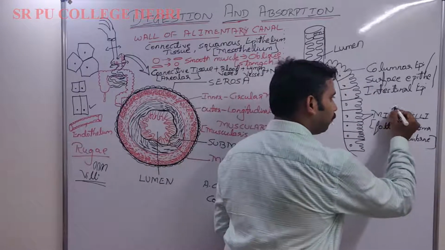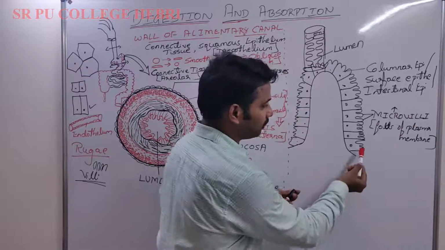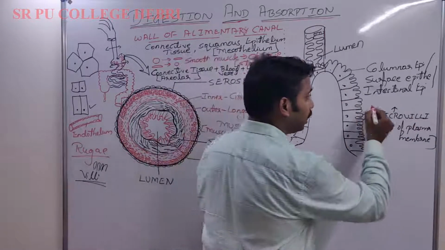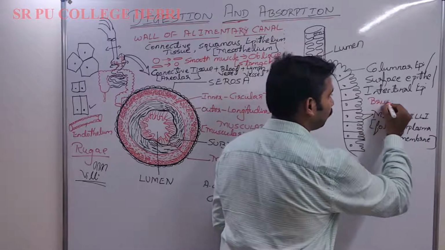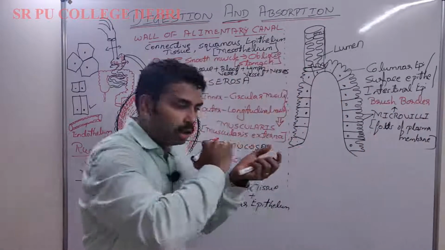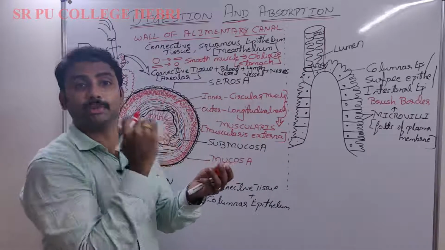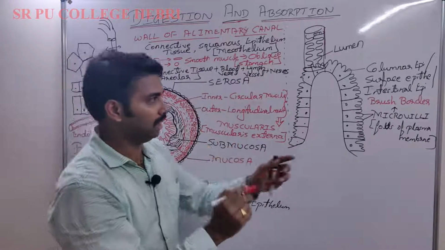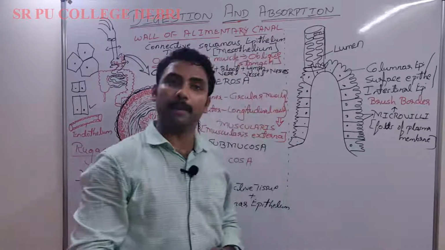When you observe this under the microscope, it gives what kind of appearance? Brush border appearance. It looks like the border of a brush, so we call it brush border appearance.